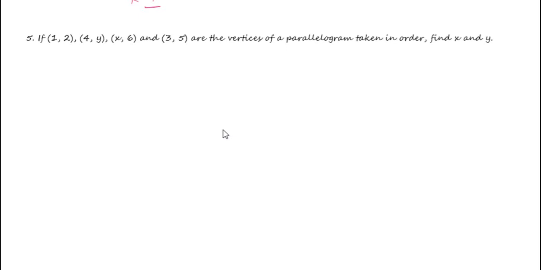If (1, 2), (4, y), (x, 6) and (3, 5) are the vertices of a parallelogram taken in order, find the values of x and y. Let us draw a parallelogram.